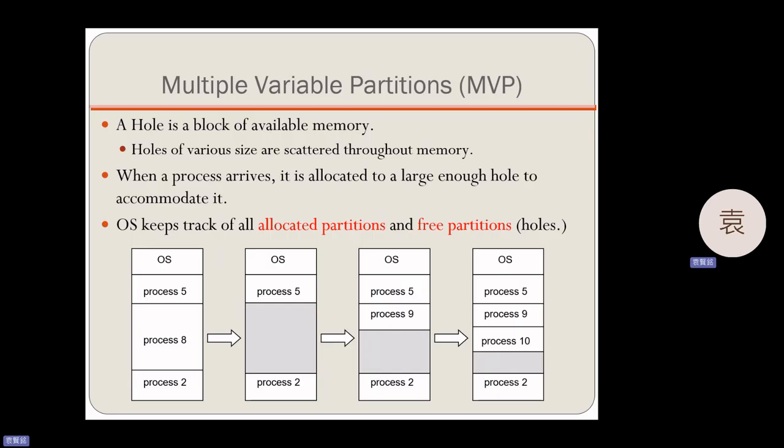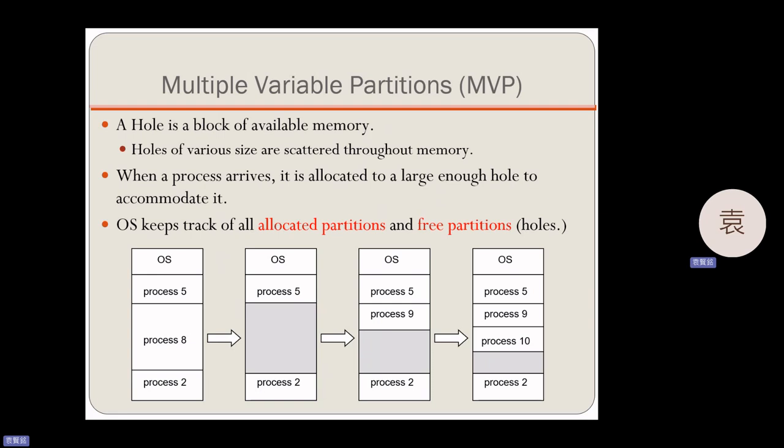In this approach, we have two terms. One is a hole, or unused memory portion. It's a block of variable memory, and holes of variable size are scattered throughout memory. Look at this example. Initially we have three processes in memory. They are all allocated in this way, and when process A finishes, it moves out of memory.